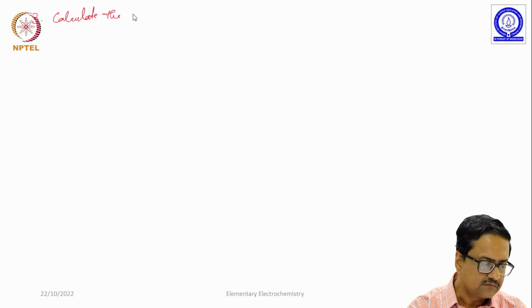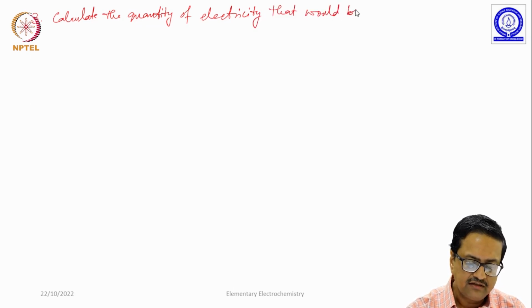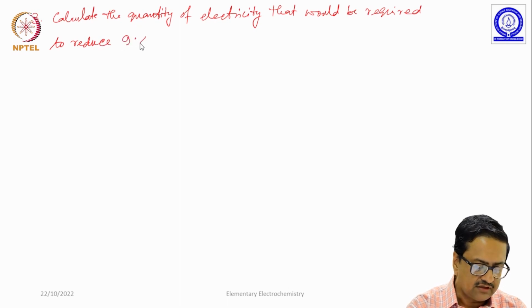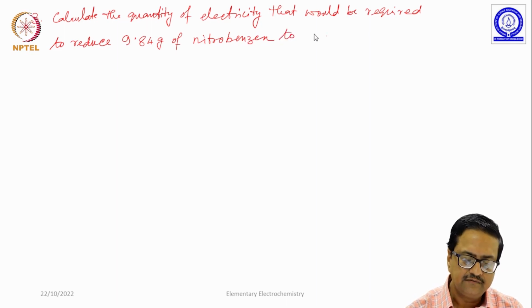Calculate the quantity of electricity that would be required to reduce 9.84 gram of nitrobenzene to aniline.